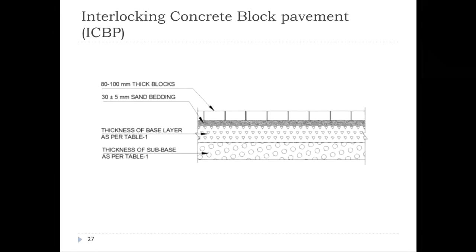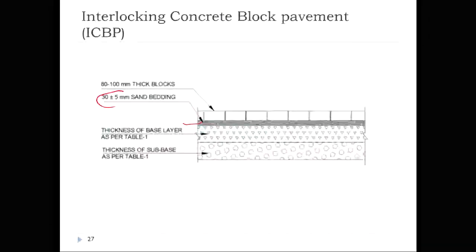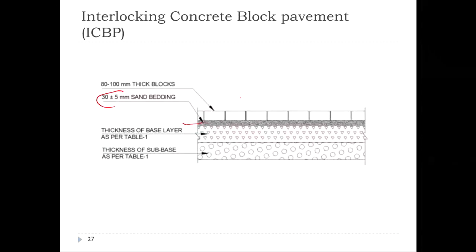We'll have the base layer, the sub base layer, and the base course. Above this base course, we'll have what is referred to as a bedding sand, of nearly 30 plus or minus 5 mm thickness, and over that you will have your precast interlocking blocks, and the thickness of these interlocking blocks is of the order of 80 to 100 mm.